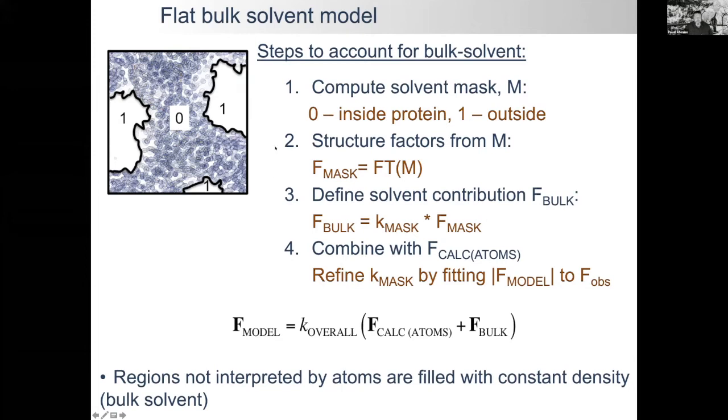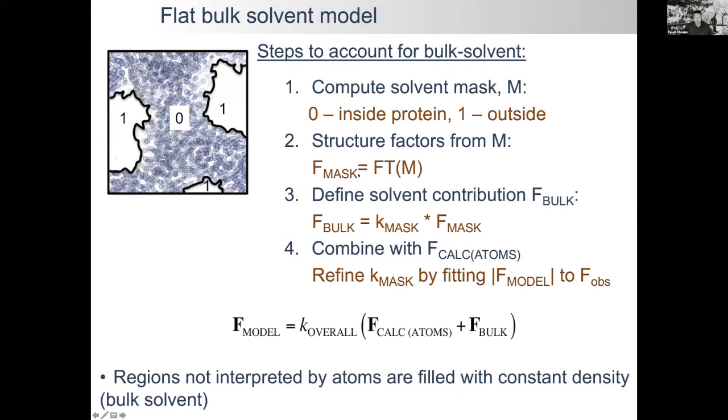We define a three-dimensional function which we call solvent mask, which is a binary function, has zeros inside the protein region and all ones inside the bulk solvent region. That's our three-dimensional binary function. We take the Fourier transform of this function to get structure factors from it.